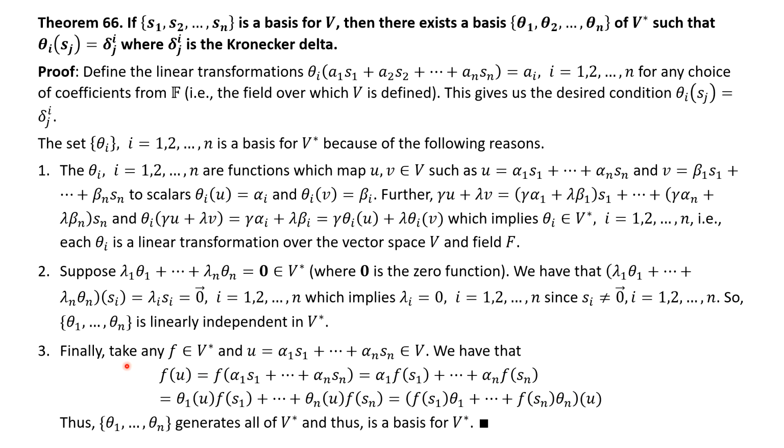So we've basically shown that the function f can be written as a linear combination of the thetas in here, with again these f of s sub 1, f of s sub 2 being just constants. So we've shown that f can be written as a linear combination of these vectors.